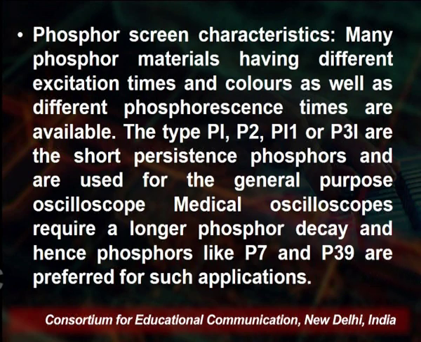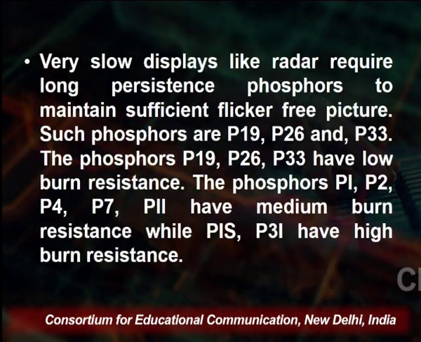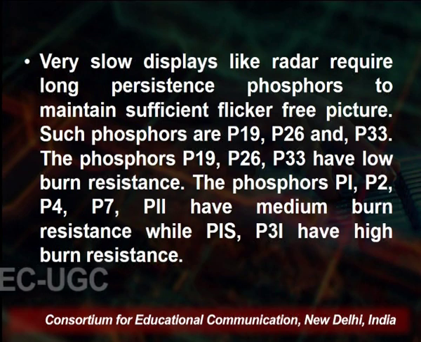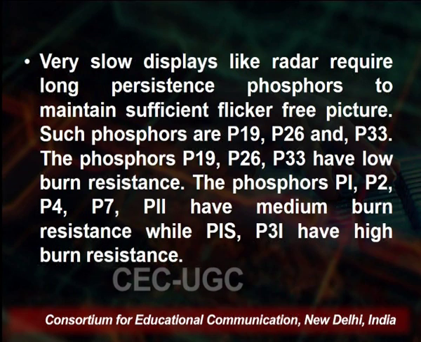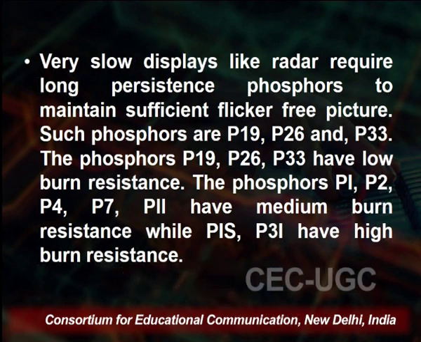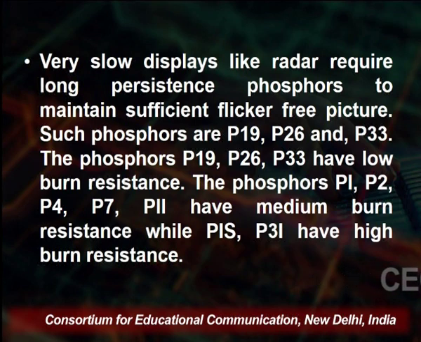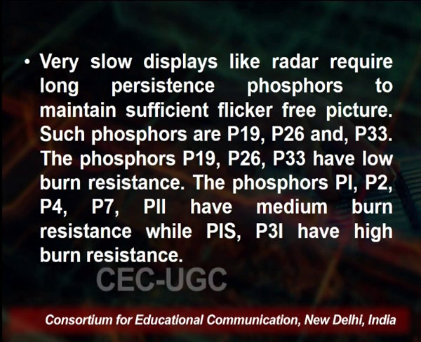Types P1, P2 and P3 are short persistence phosphors and are used for general purpose oscilloscopes. Medical oscilloscopes require a long phosphor decay, and hence phosphors like P7 and P39 are preferred. Very slow displays like radar require long persistence phosphors to maintain sufficient flicker-free pictures. Such phosphors are P19, P26 and P33.